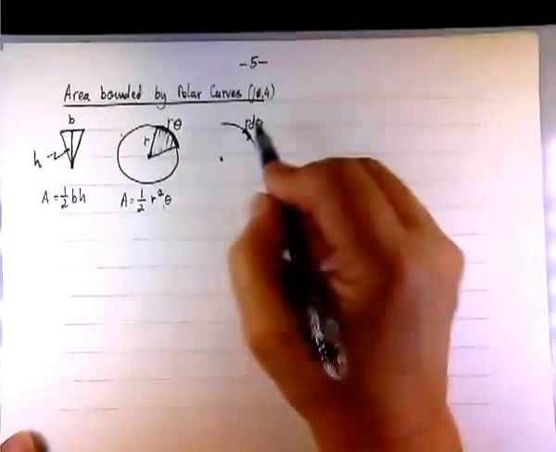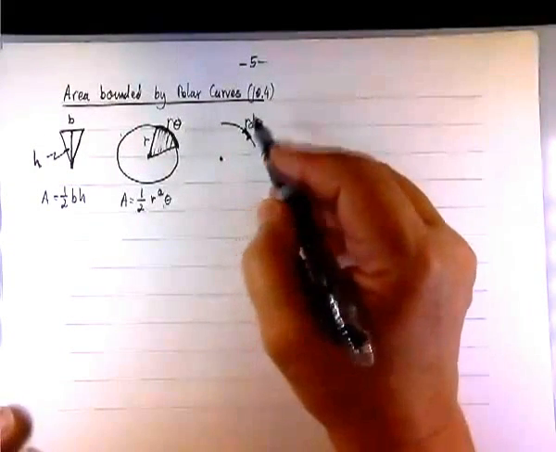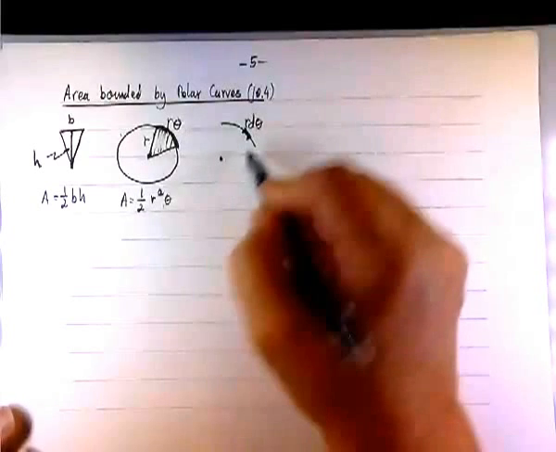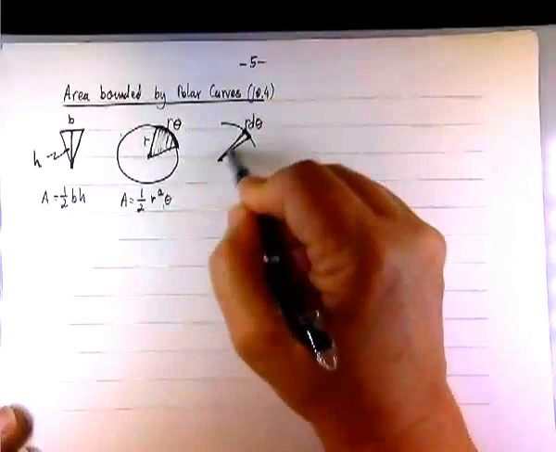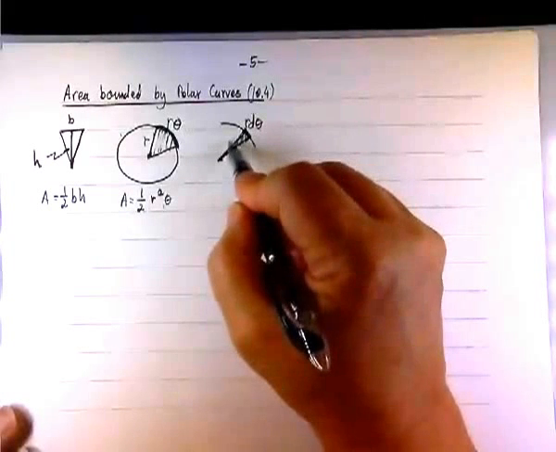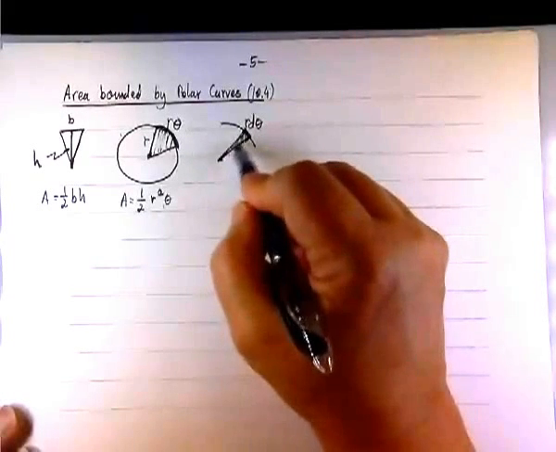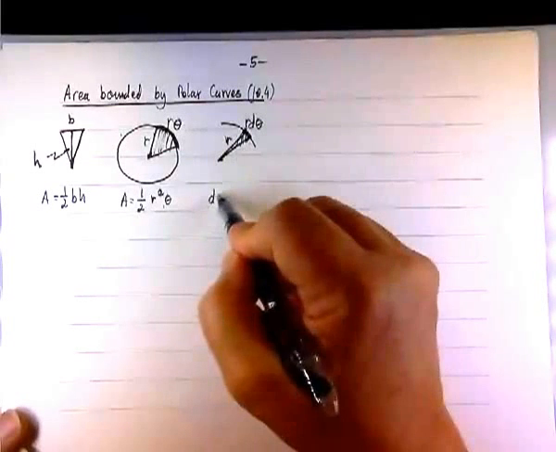In other words, the angle that spans this arc length is infinitely small, approaching 0, so we call it d theta, and it's so small that it doesn't matter. There is no difference between one side of the angle or the other side of the angle or r.